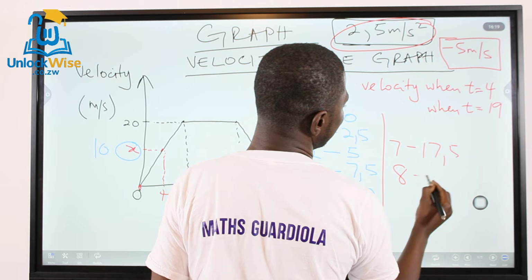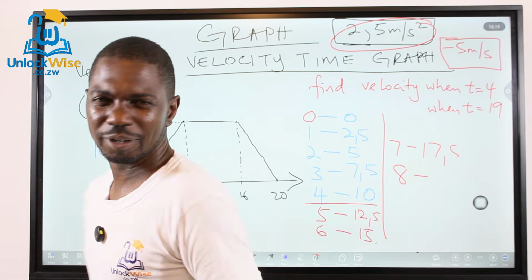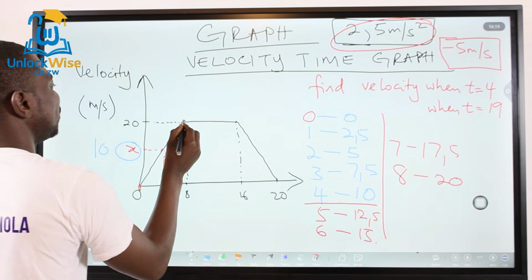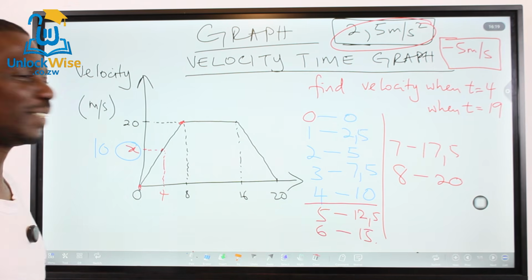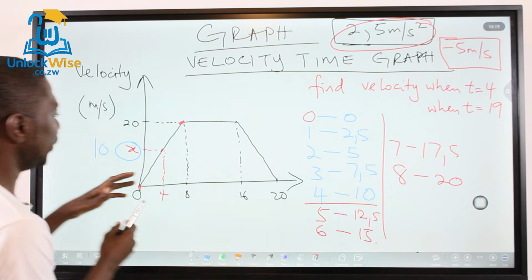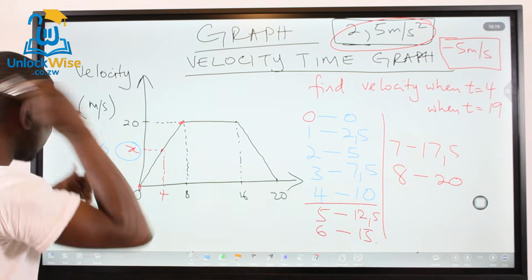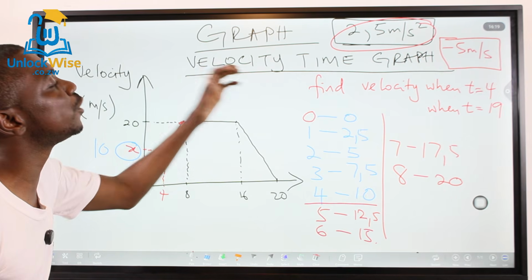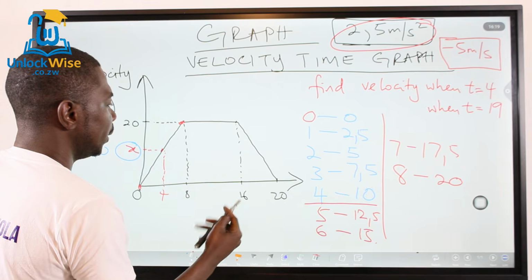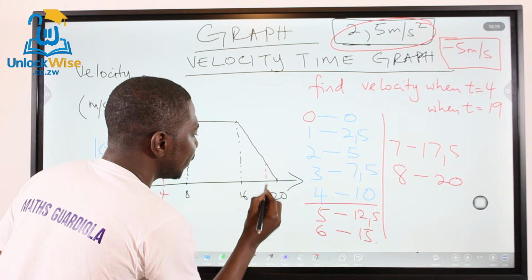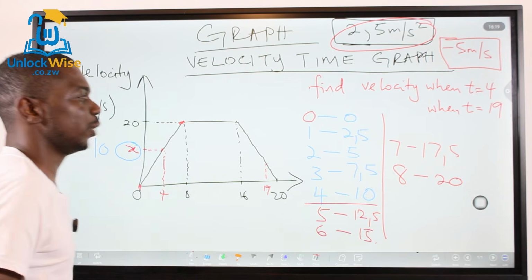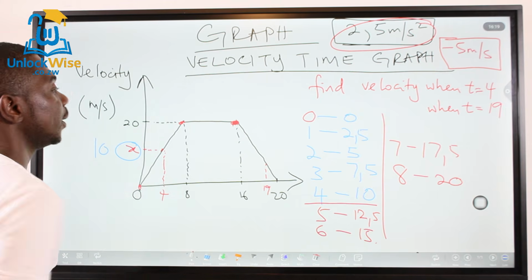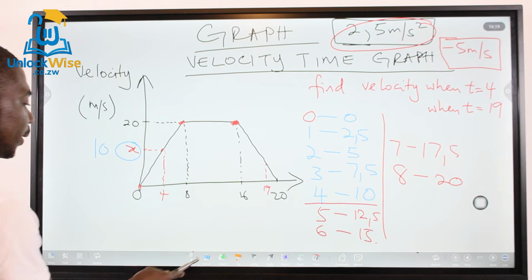On the 8th second, 17.5 plus 2.5, you'll get 20, which is actually this point, right? So when you are asked in terms of acceleration, you add the acceleration, add the acceleration. When you are asked in terms of deceleration, yeah, maybe the 19th second, what you are going to do is subtract from here, subtract your deceleration from here, like this.